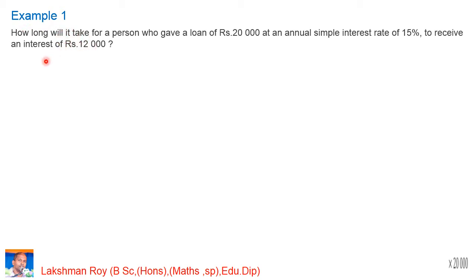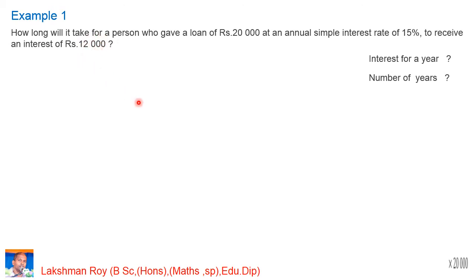If you find the interest for a year, then you can find the number of years. So using the loan and interest rate, we can find the interest for 1 year. Then you can see how many of that interest are within the 12,000 rupees.